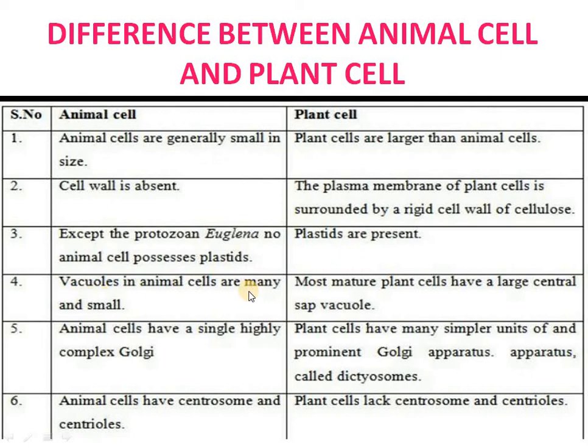Vacuoles in animal cell are many and small. Many mature plant cells have a large central sap vacuole. Animal cell have a single highly complex Golgi apparatus. Plant cell has Golgi apparatus called dictyosomes. Animal cells have centrosome and centrioles which help in the division of cell. Plants lack centrosome and centrioles.